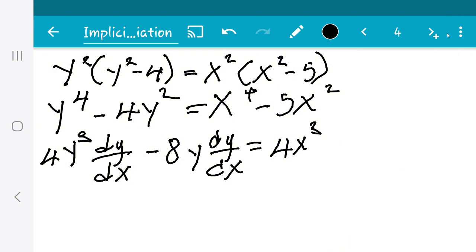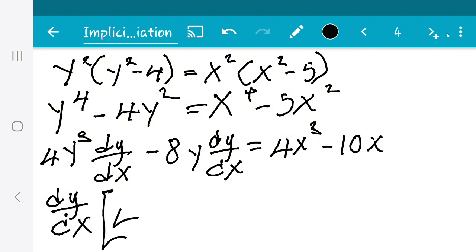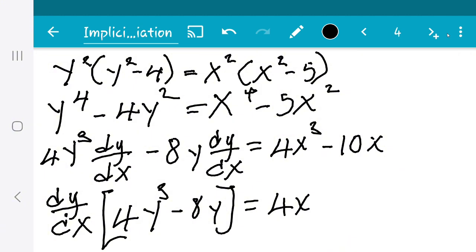And then the general power rule on 5x squared, this will be minus 10x. Okay, now we must factor out dy over dx. So dy over dx times the brackets 4y cubed minus 8y is equal to 4x cubed minus 10x.